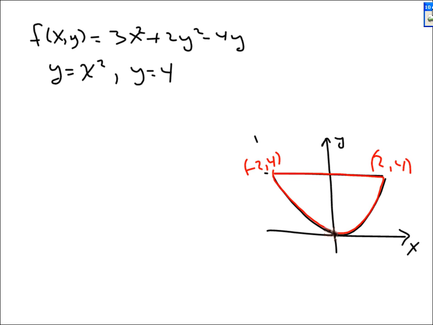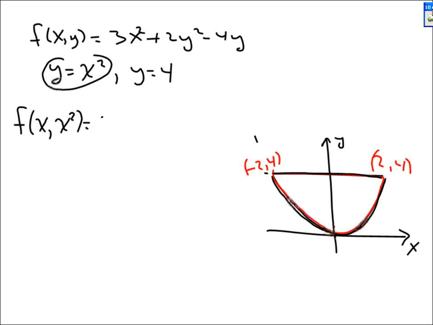Alright, so now we have to figure out what the max is. So again, the max is going to be on the boundary. It's either going to be along here or it's going to be along here. So how about this one? We need to figure out what f of (x, y) is.